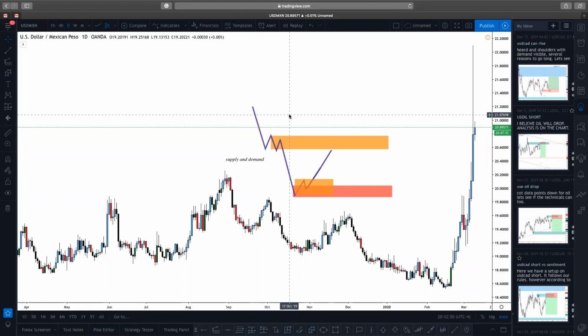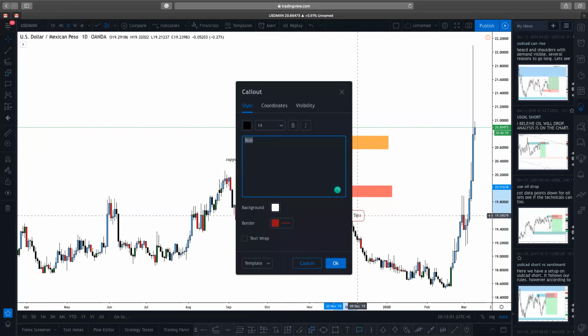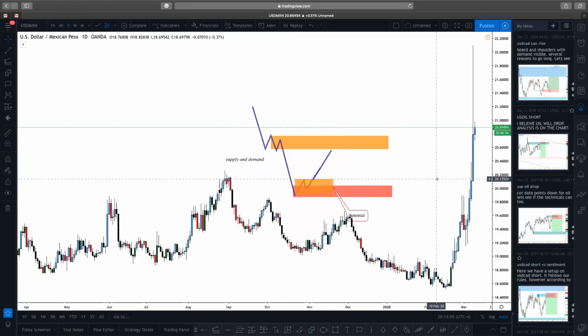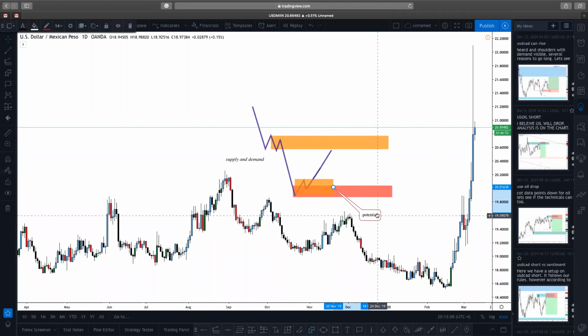So now, basically, in order for this zone, right? We know this zone is potential. Right now, this zone is potential demand, right? Potential demand. It's not demand until it removes a supply zone, right? It's simply potential demand. The only time you would consider that zone demand is when it removes a supply zone, right?